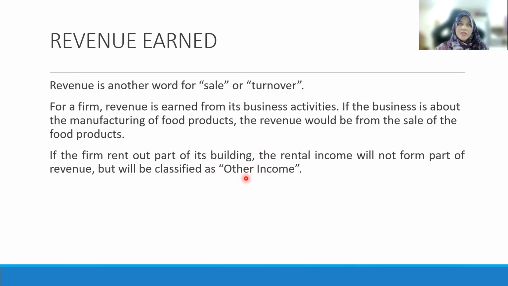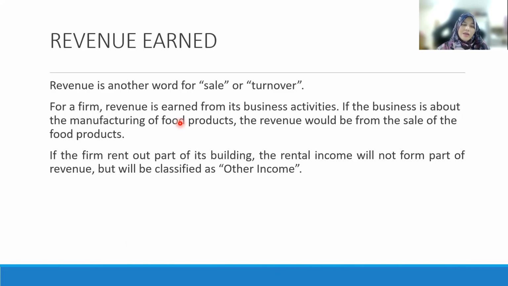Just like we saw when we look at the annual report of Nestle, you see the word sale, turnover, or revenue. It is about the sale of instant noodle, the sale of food and beverages like Milo, Nescafe, or the type of food, for example, the tomato sauce, chili sauce.